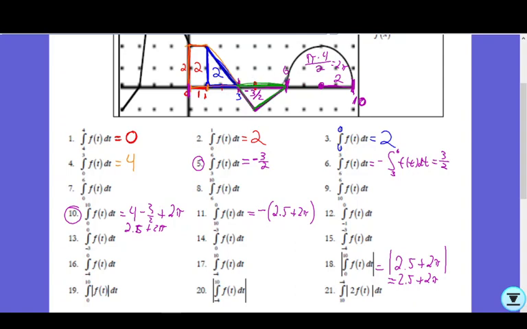So this becomes positive. So number 19 is basically going to be the 4 plus 3 halves plus 2 pi. All of those areas, but them being positive. So that's where it gets a little tricky.